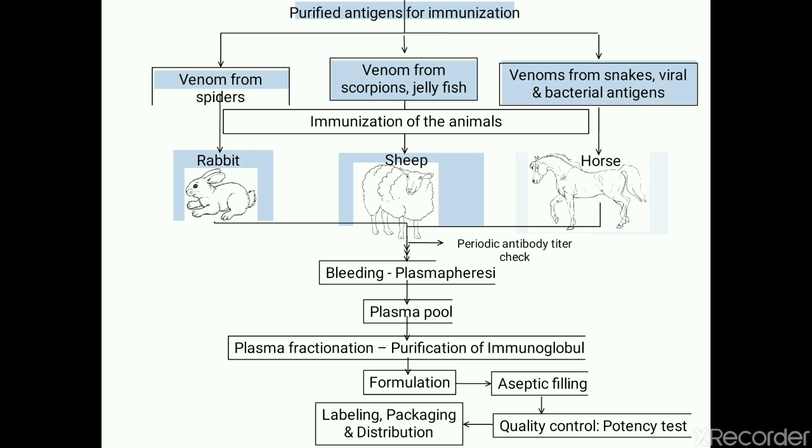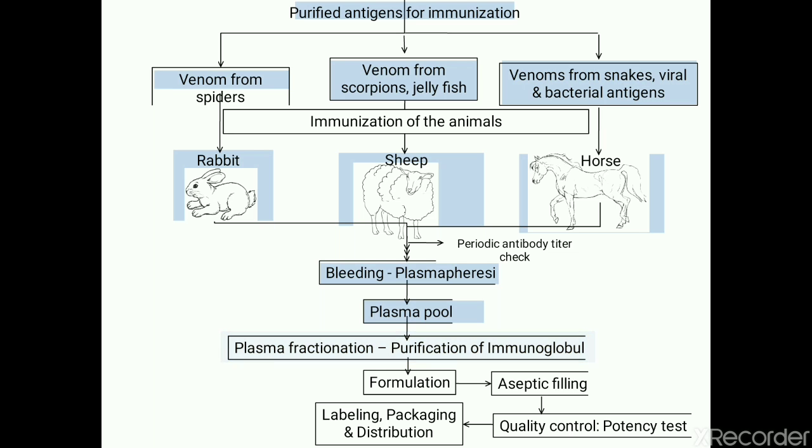After immunization, periodically there is an antibody check from the serum of rabbit, sheep and horses. After getting the highest yield of antibodies in the serum, the next step is bleeding, which is also called plasmapheresis. Followed by that, there is plasma pool, that means mixing of antisera obtained from different animals.